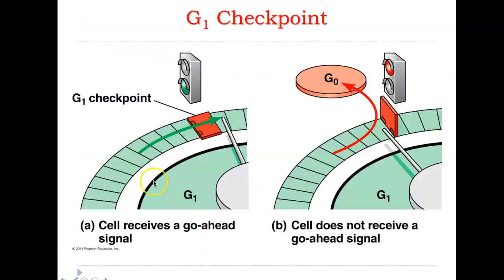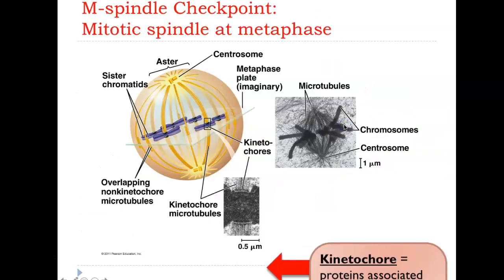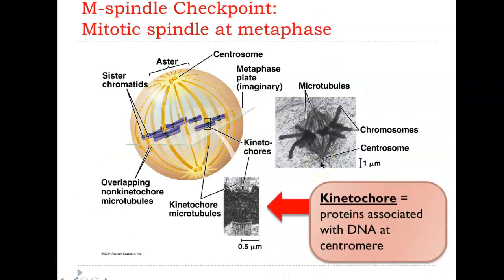All right, this is just a picture showing you if a cell passes the G1 checkpoint, it's committing to dividing. This is showing you if a cell does not pass the G1 checkpoint, it goes into a non-dividing state like nerve and muscle. This is showing you right here on number 3, the M spindle checkpoint, making sure that the chromatids and their kinetochores are attached to the spindles correctly.